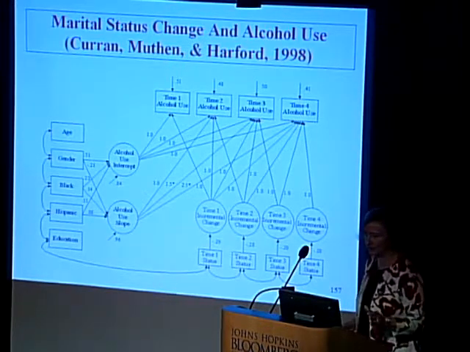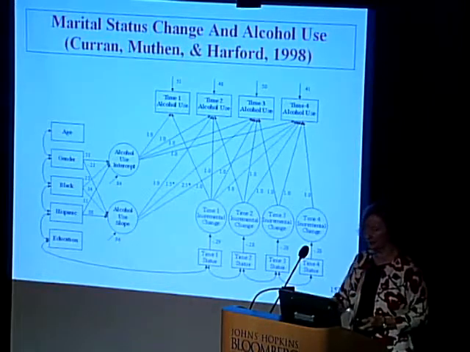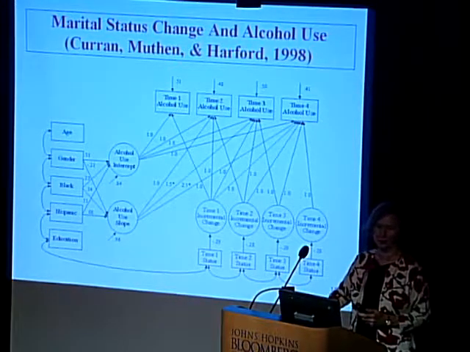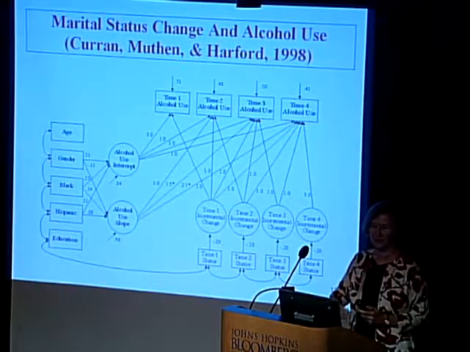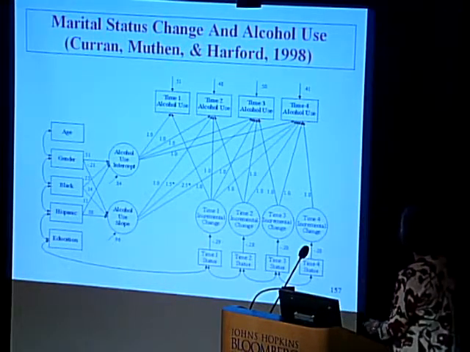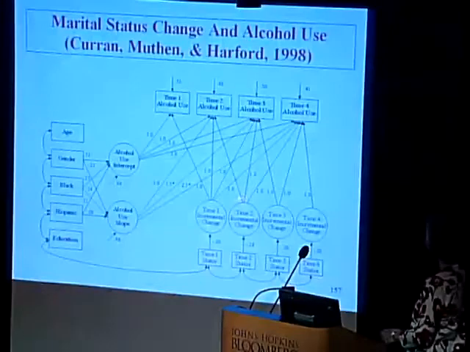So what we added, just to summarize, is we've added by statements creating additional intercept growth factors, so to speak, and on statements relating those growth factors to the status change variables. And if you note in the path diagram, we don't have any residual arrows.